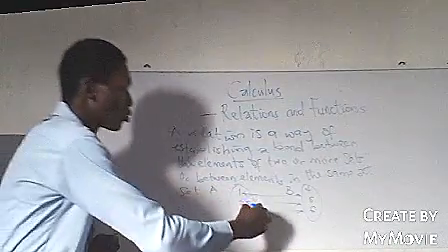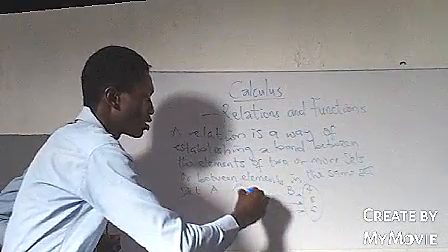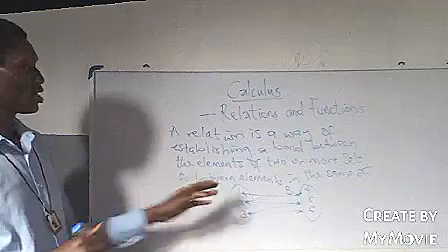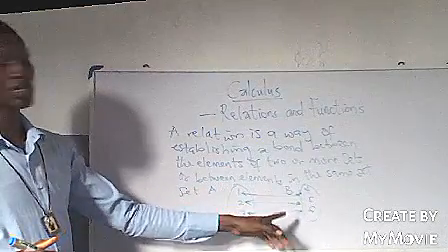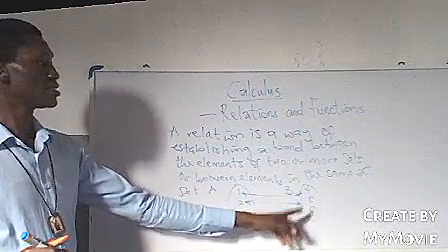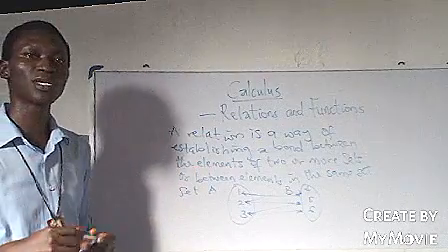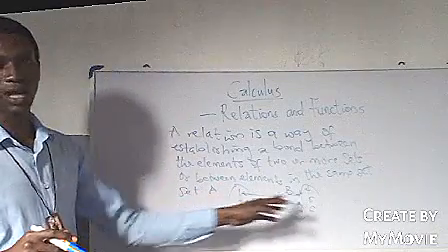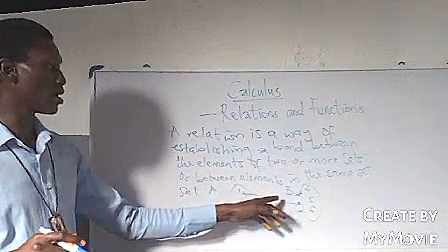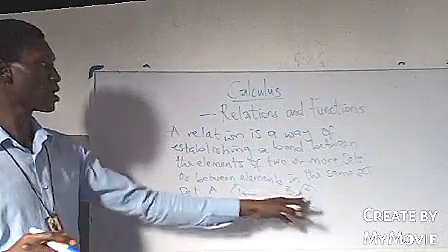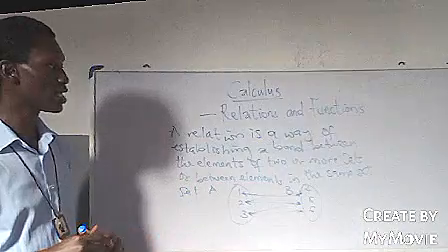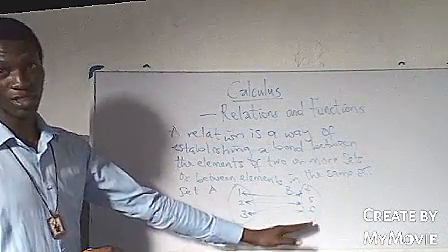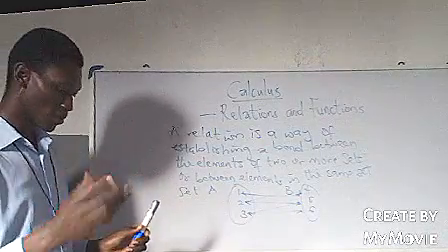The arrows can go the other way around, because we are saying that every member in set A is related to every member in set B. We are making use of a two-sided arrow, a line with two heads, indicating that while A is related to B, B is also related to A.